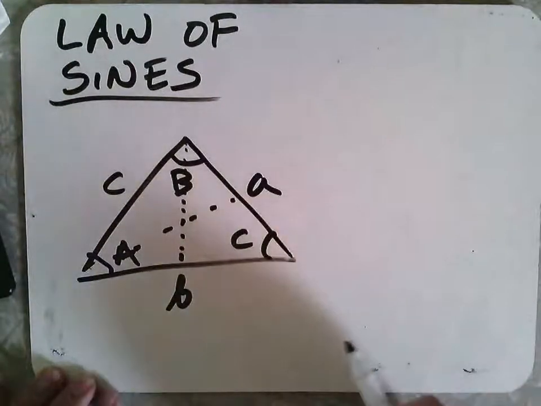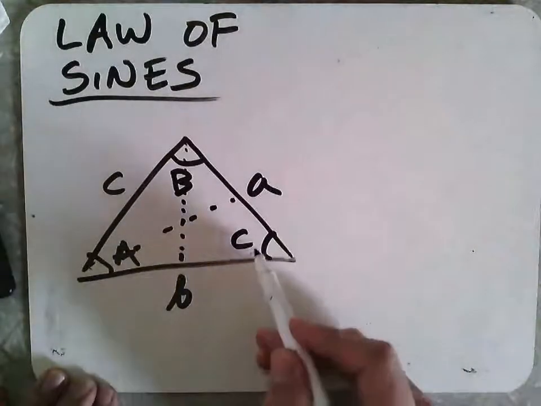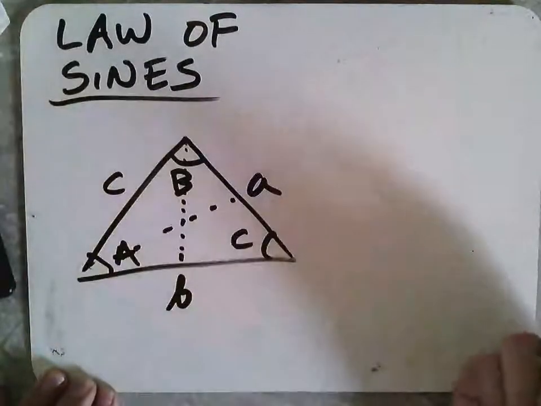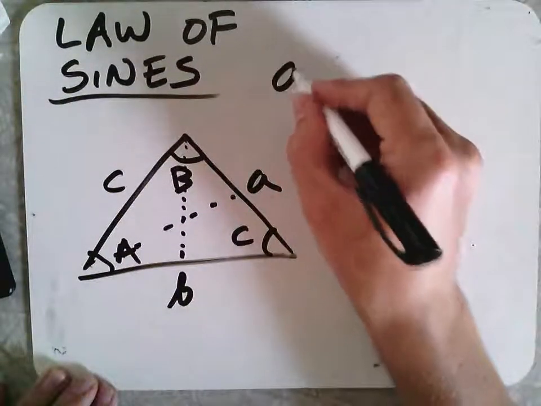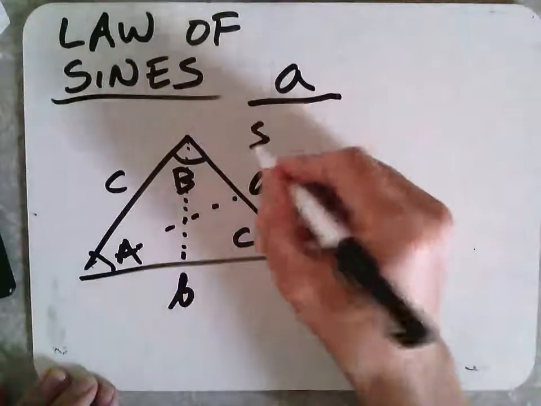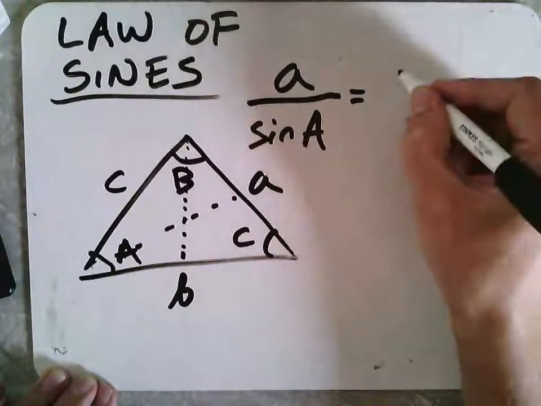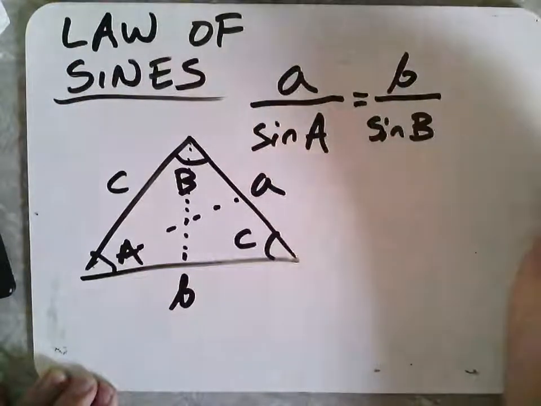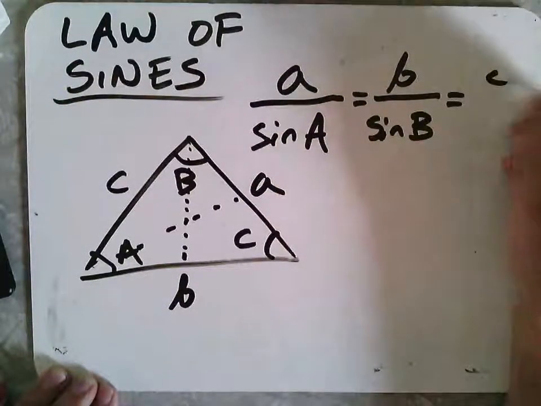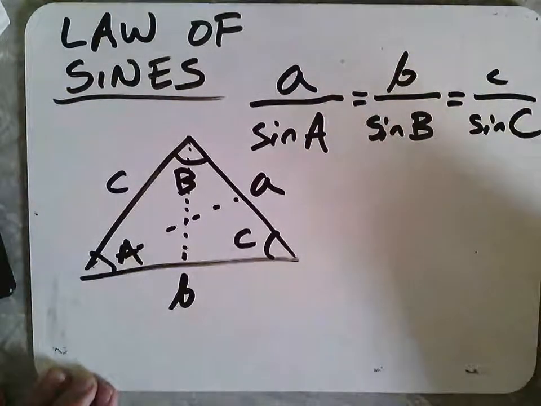Okay? The law of sines is really actually very simple to remember. It's basically saying that there's a common ratio between the sines of these angles and the lengths of their opposite sides. So what we have here, the rule comes out to the length of side A divided by the sine of angle A is equal to the length of side B divided by the sine of angle B. And likewise, the length of side C divided by the sine of angle C. Okay?